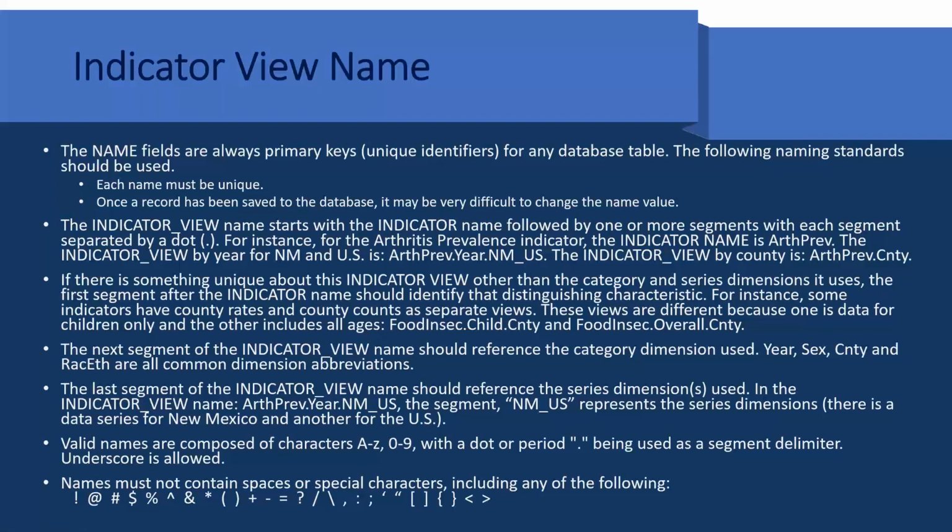And if there's anything else that is needed to identify different views, like the food insecurity indicator, I have 2 county views, one for children and one for overall. So things like that need to be considered.